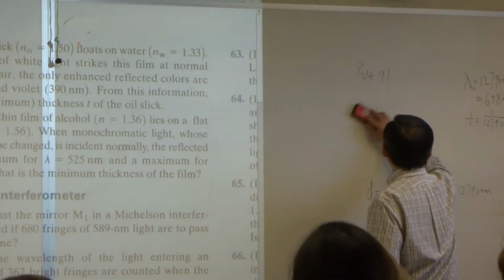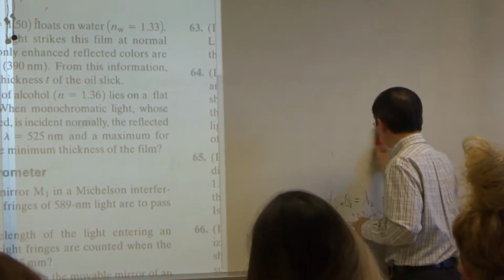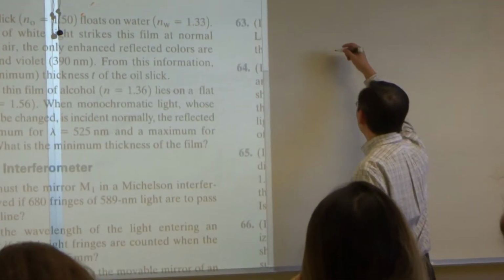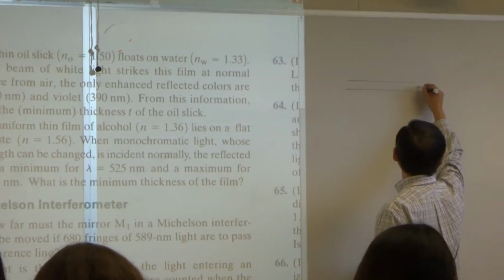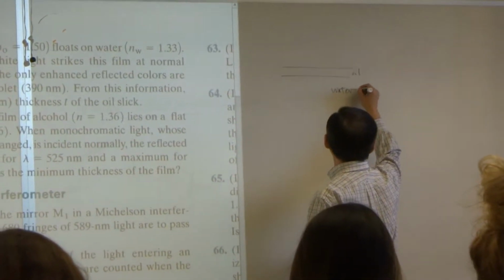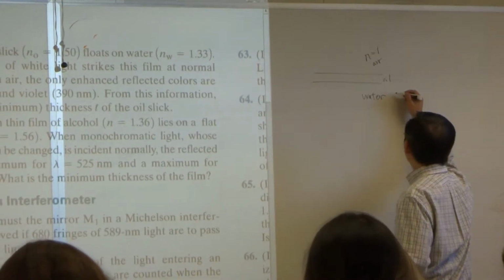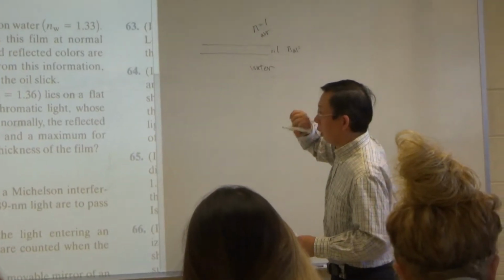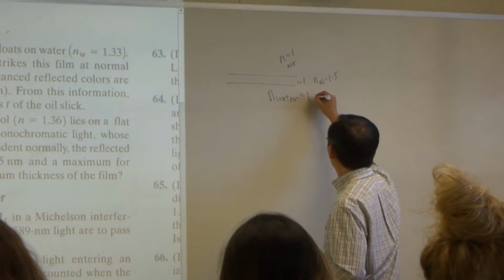The oil slick is actually floating on a water surface. Basically, they have two interfaces. This is oil. The water is down here. This is air. Air, the index is 1. The oil, the index is 1.5. The water, 1.33.